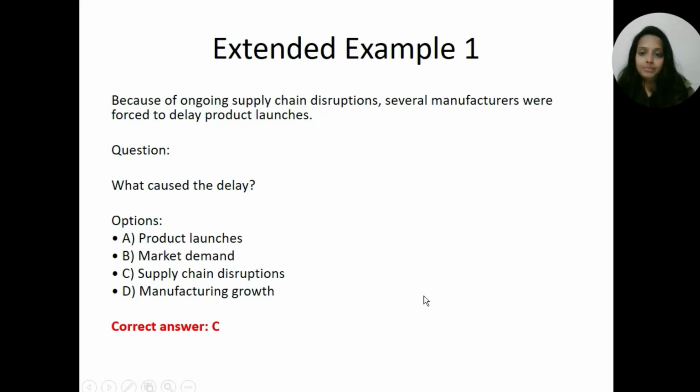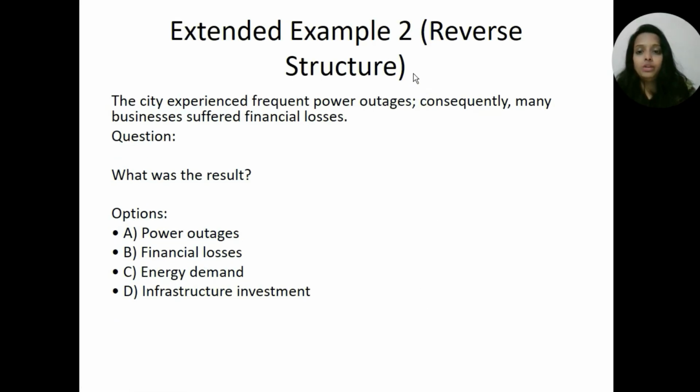Now, another example: the city experienced frequent power outages. Consequently, many businesses suffered financial losses. And the question here is, what was the result? Power outages, financial losses, energy demand, and infrastructure investment. Of course, the correct option is option B, financial losses, right?